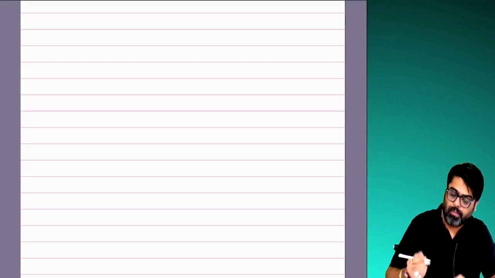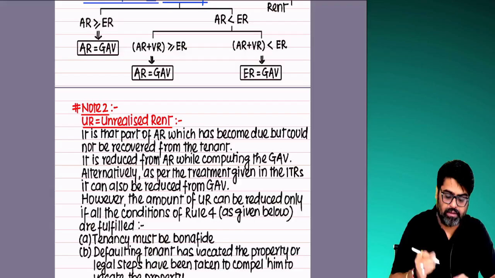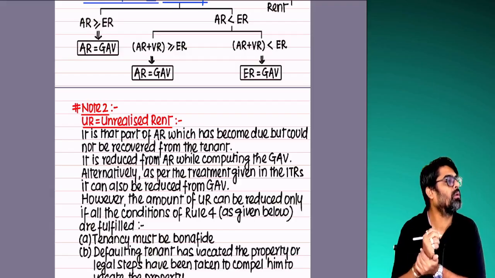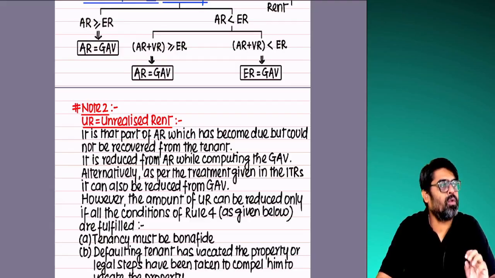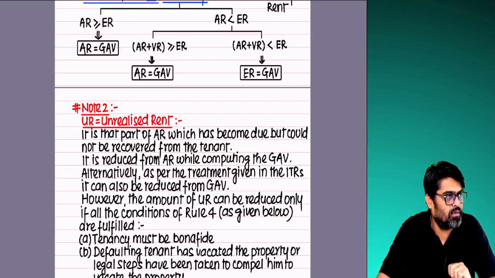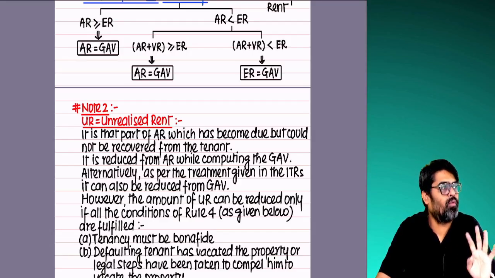Now pay attention. If you want to reduce unrealized rent while calculating your annual value, you need to fulfill 4 conditions, which are given in Rule 4.